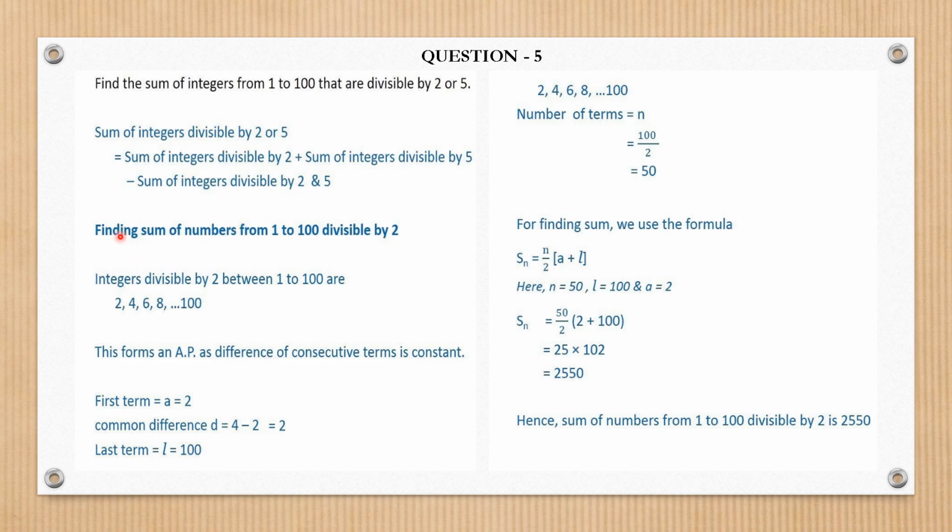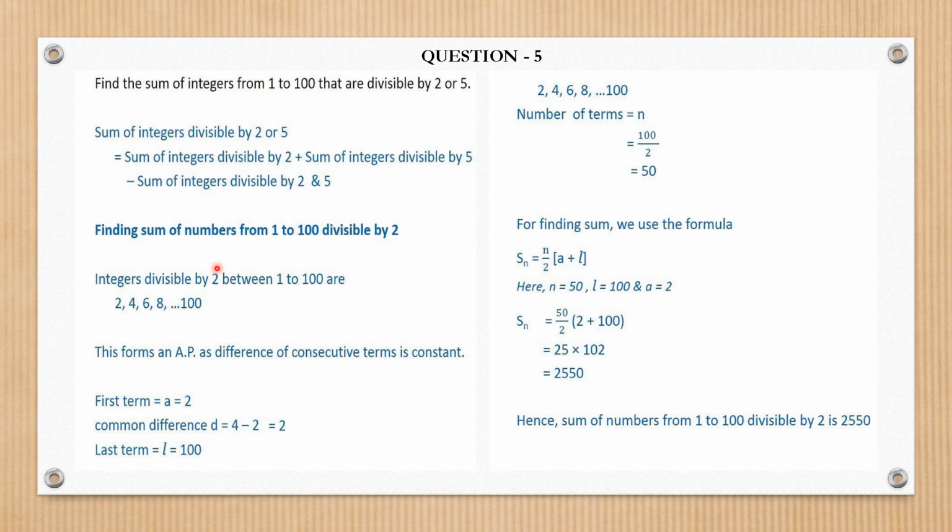The sum of numbers from 1 to 100 divisible by 2 is 2, 4, 6, 8 like this up to 100. This is again an AP with first term 2 and common difference 2. The last term is 100, and it is obvious that from 1 to 100 there are 50 even and 50 odd numbers.